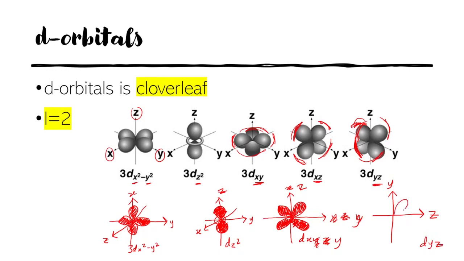You draw the orbital in between y and z. So this is your dyz. Shade it clearly until everything becomes black. So that's how to draw or sketch orbitals.